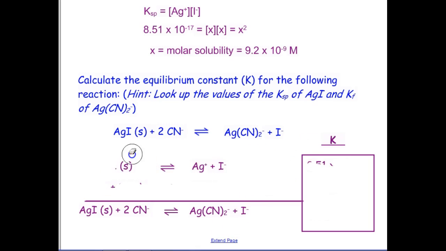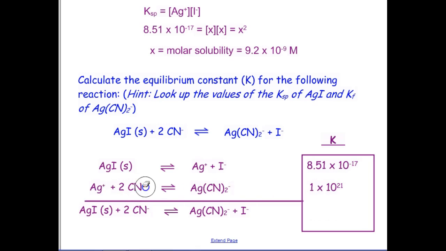All right, so I took my silver iodide and tried to dissolve it with a very small KSP. It does not want to dissolve. And I took my silver and my cyanide, and it has a very large Kf.